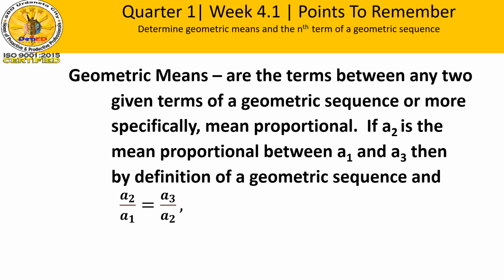So by cross multiplication, we have a sub 2 times a sub 2 is equal to a sub 1 multiplied by a sub 3, so a sub 2 raised to 2 is equal to a sub 1 multiplied by a sub 3.